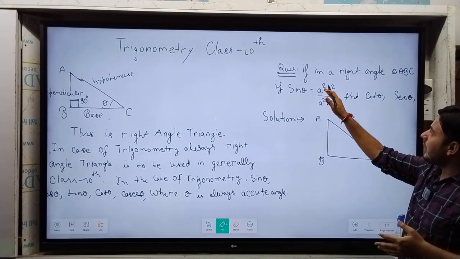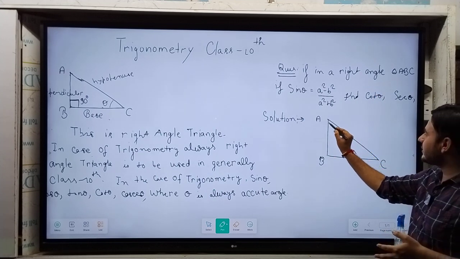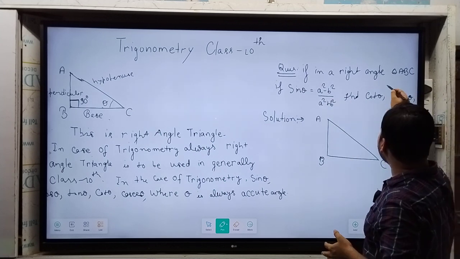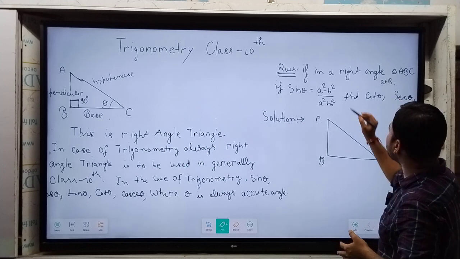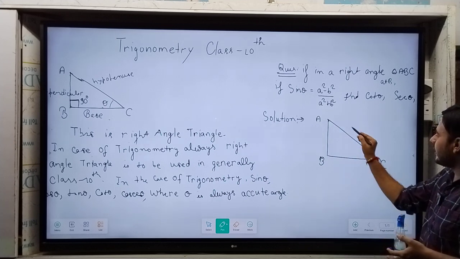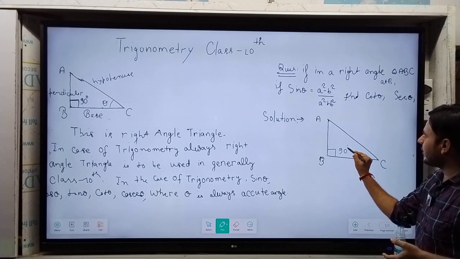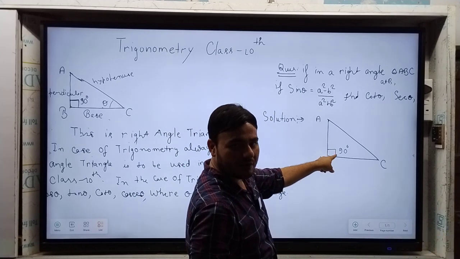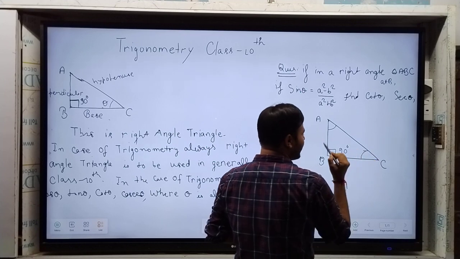question. In a right angle triangle ABC, with right angle at B, angle B will be 90 degrees, but angle A and angle C will be acute angles.